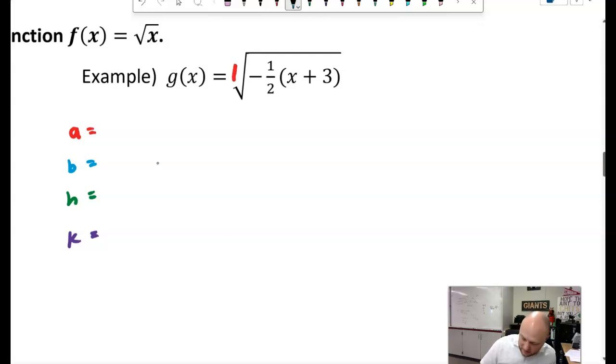Your B value in this case is right here. I see a negative 1/2. I'm going to take the reciprocal of this. So your B value is a negative 2. It's always the opposite, and that's how you want to think with your H value. Here I see a plus 3, but remember, you always take the opposite. So H is a negative 3. And then our K value on the back is a 0.